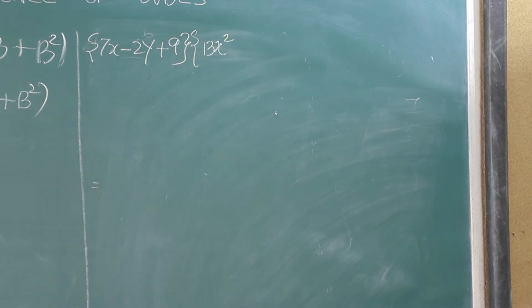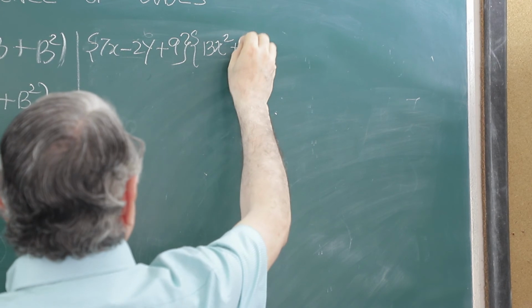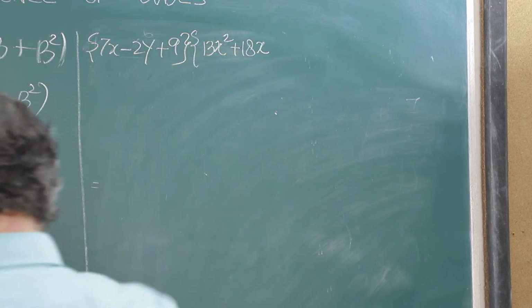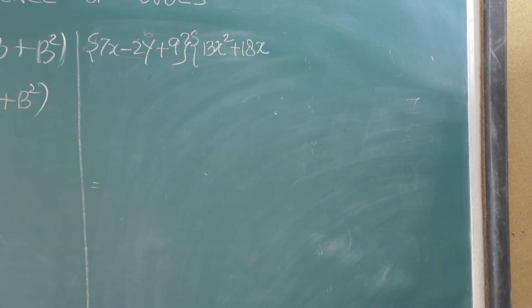You combine all the terms. Now 54x, where is another x? 54 minus 36, and there is no other x term. 54 minus 36 will be 18x.